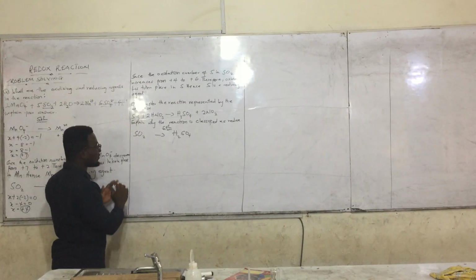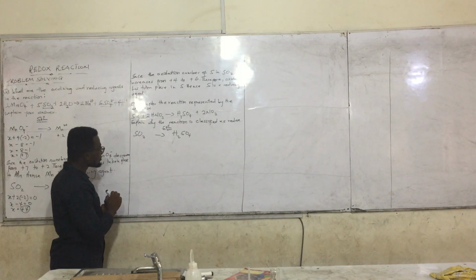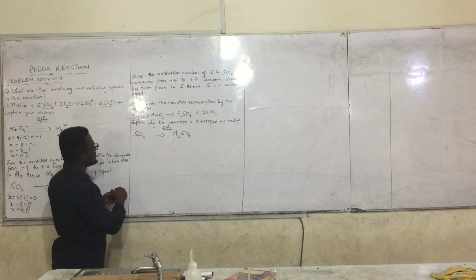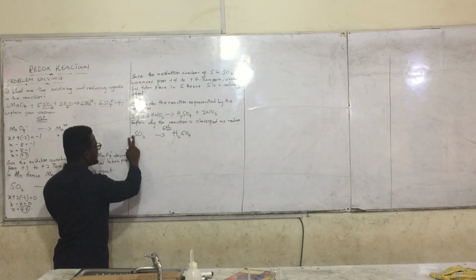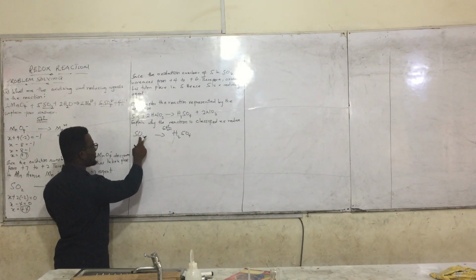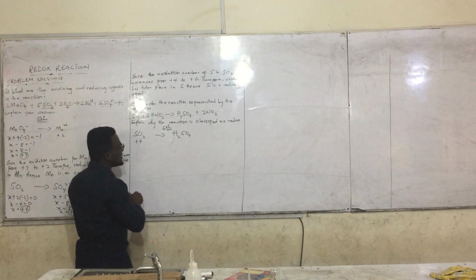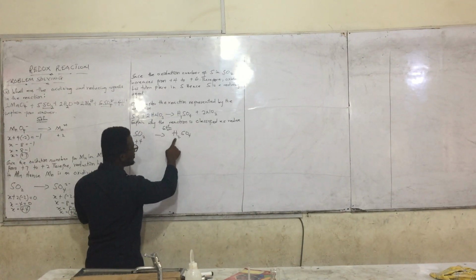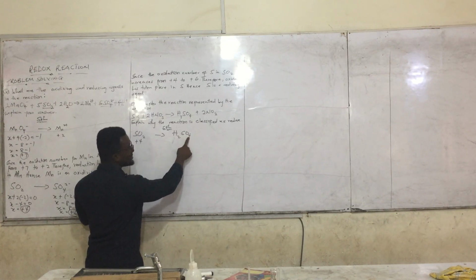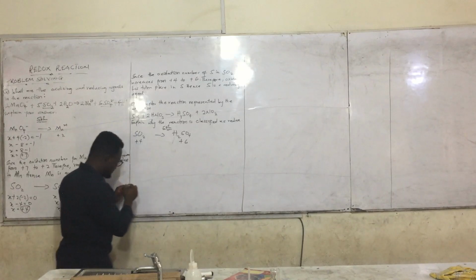Now, we have SO2. The oxidation number for sulfur is minus 2 times 2, minus 4, so it will be plus 4. So sulfur will be plus 4 here. And in H2SO4 we have 2, the central atom S, and minus 8, then minus 2, so we have plus 6 over here.